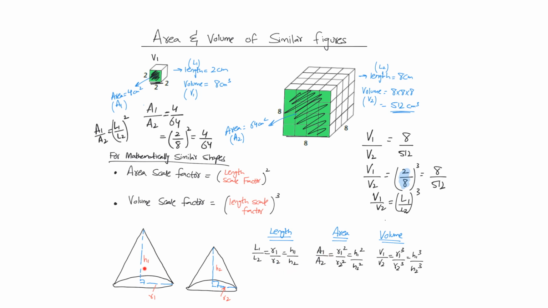As for the area of the base circles of the cones, the ratio must be equal to r1 over r2 the whole thing squared, or you can also take h1 over h2 the whole thing squared. For volume, the ratio of the volumes of the two cones must be equal to r1 cubed over r2 cubed, or you can say r1 over r2 the whole thing cubed, or h1 over h2 the whole thing cubed.